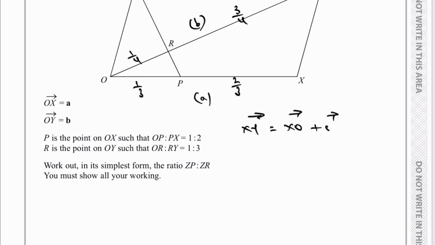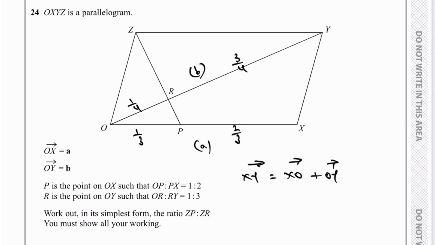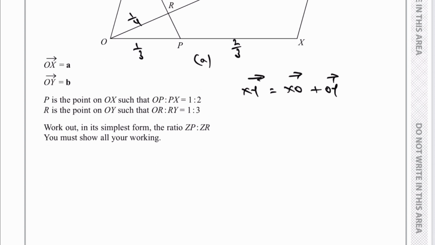In this particular case, I don't know anything about XY, but what I do know is I can go from X to O, which is going to be minus A, and then from O to Y, which is going to be plus B. So therefore I can write that as minus A plus B, or much preferred is B minus A.